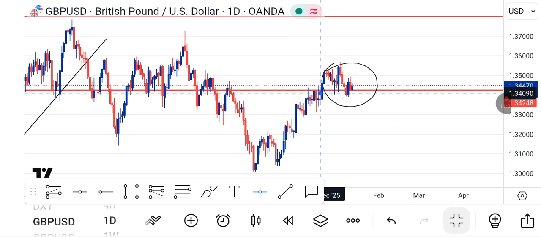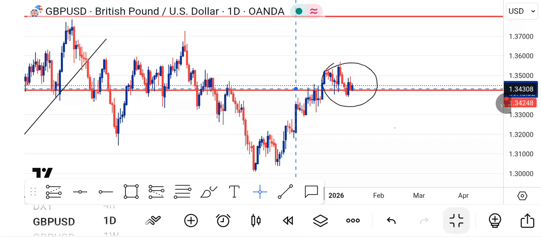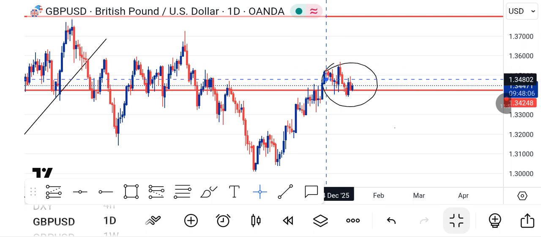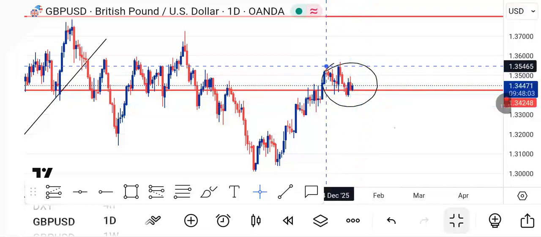My view is, since it is testing this major resistance, it might be heading to the next resistance here, which is this place. Right now I cannot go to a lower time frame to use my trend line or look for a way to analyze the market for a setup opportunity. I cannot do anything around this place.